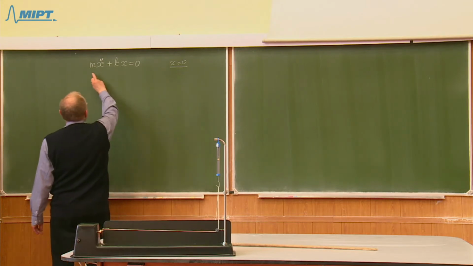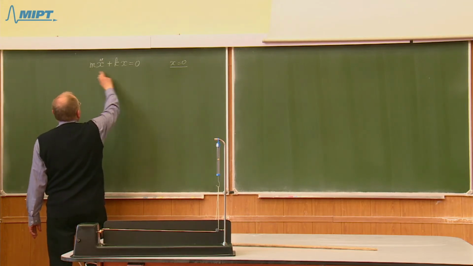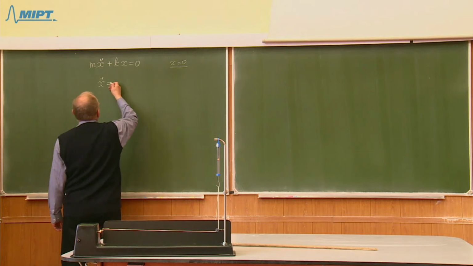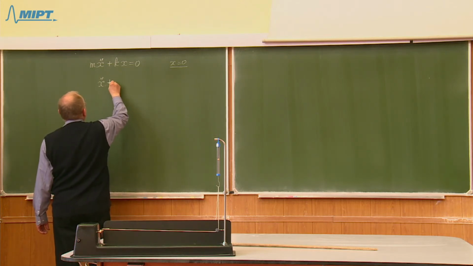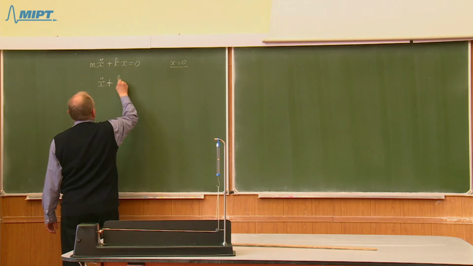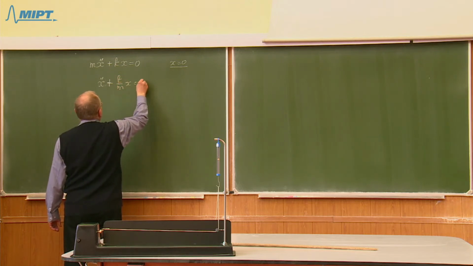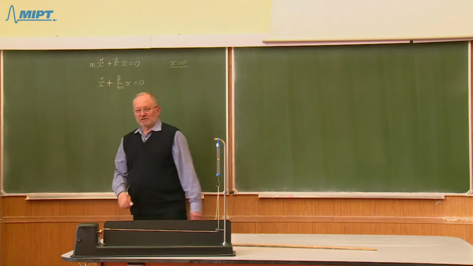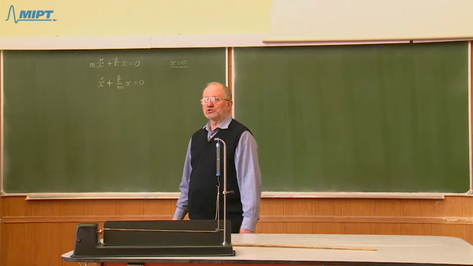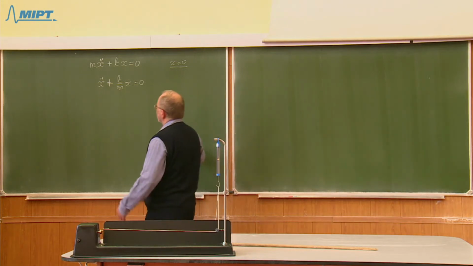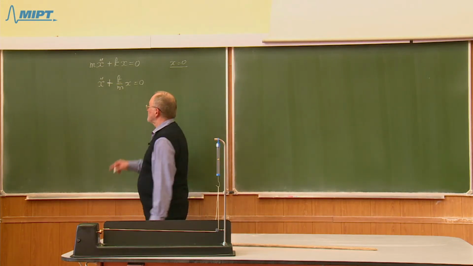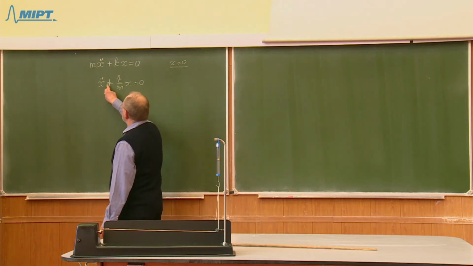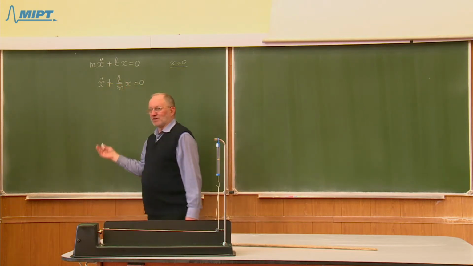So if we divide this equation by m, we obtain x double dot plus k divided by m x equal to 0. And we solved this equation, and it's better to say we found the solution by guessing and then substituting the solution into this equation, and we were sure that the equation is satisfied.